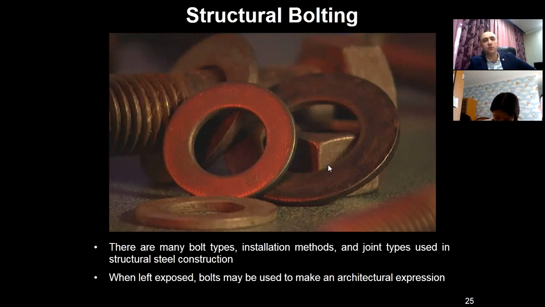Most of this information can be found written on the bolts during production. So there are many bolt types, installation methods, and joint types used in structural steel connections.